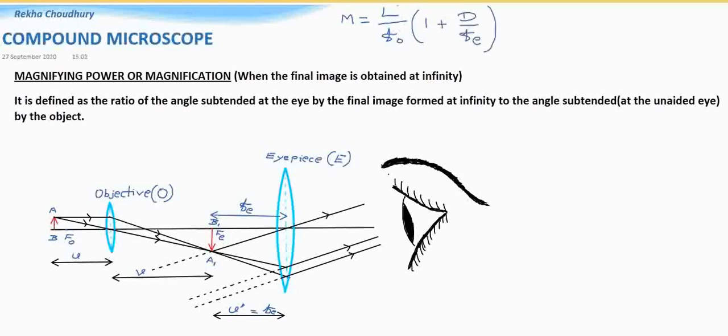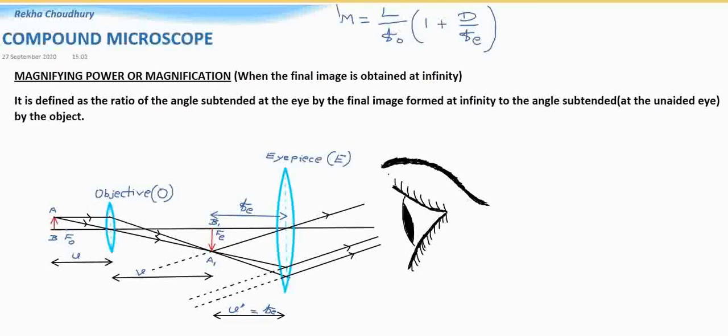Here, L is the length of the tube or distance between the objective and eyepiece, FO is the focal length of the objective, D is the least distance of distinct vision, and FE is the focal length of the eyepiece.